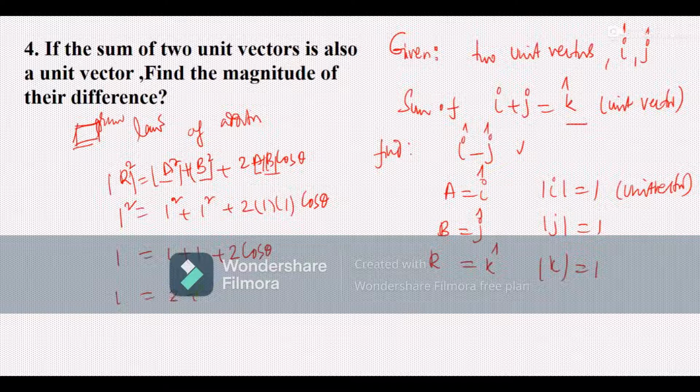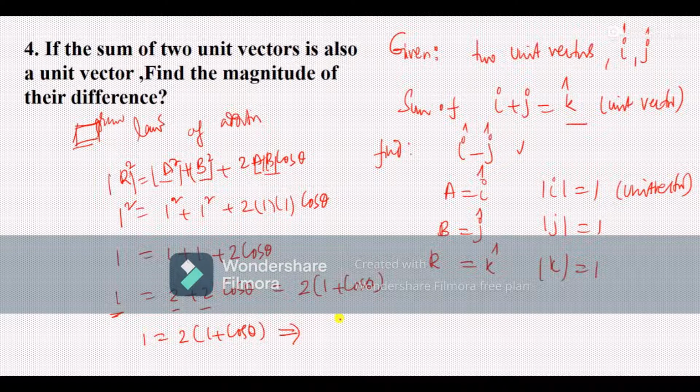So in this equation, this is 2 plus 2 cos theta. So 2 is a common factor, and we bring it out: 2 times 1 plus cos theta. After simplifying this, we get cos theta equal to minus one half.